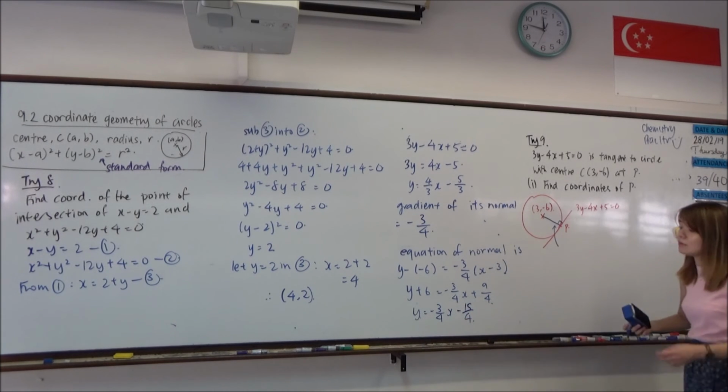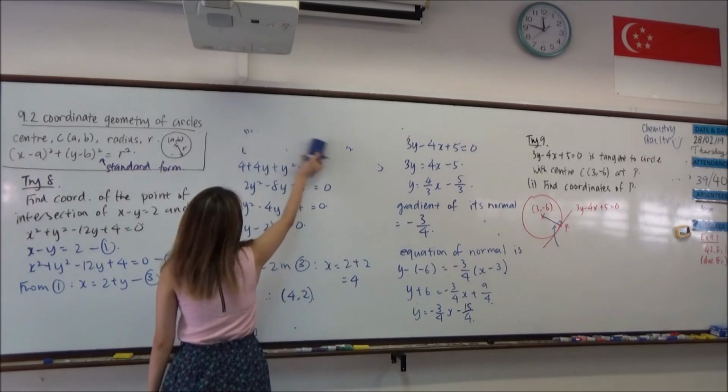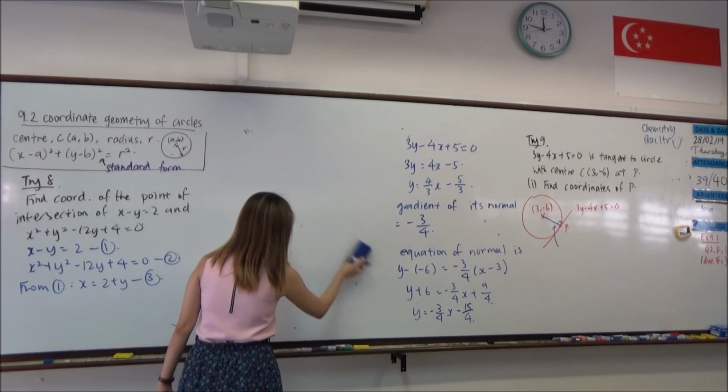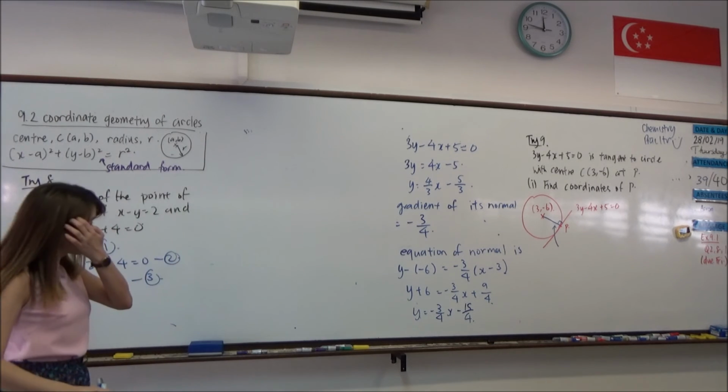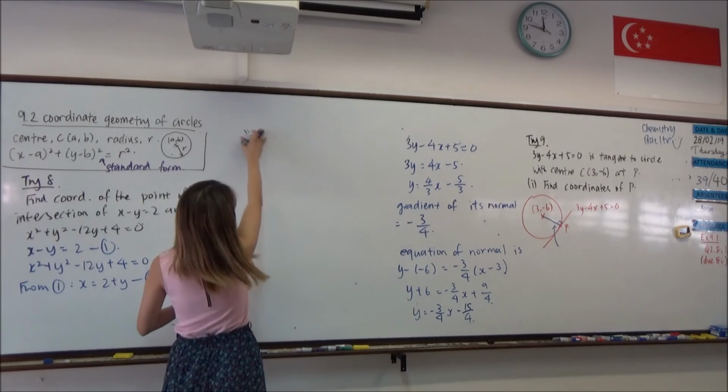So the equation of the normal would be y equals -3/4 x minus 15/4. Then after that, now we can find out what are the coordinates of P.